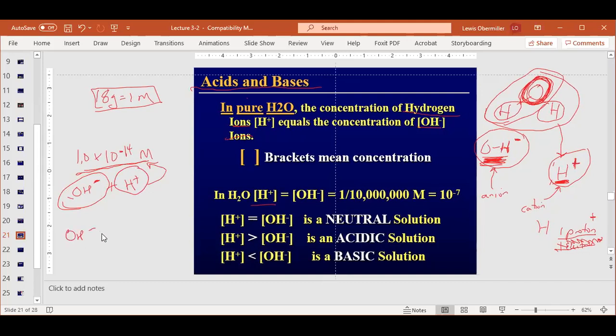So the number of these plus the number of these has to equal 1.0 times 10 to the minus 14th. So that means that we can halve this value because there's two of them. We add them together, they have to equal this. So that means that the number of hydroxyls in pure water is 1.0 times 10 to the minus 7th.